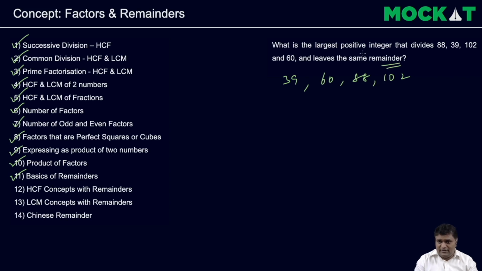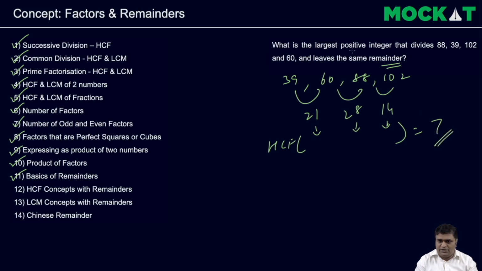To find the largest integer which divides them, you need to understand that the remainder will continue to be the same if you keep adding a certain number of divisors. So what did you add to 39 to get 60? That's the difference, which is 21. Over here it was 28 and over here it was 14. As these are all multiples of your divisor, the HCF of these 3 numbers is going to give us 7, which is the largest positive integer that divides all 4 of them.